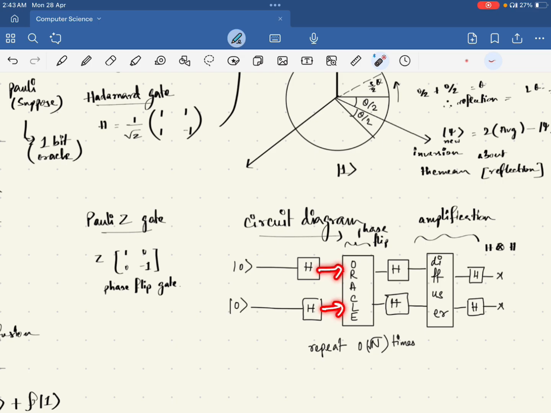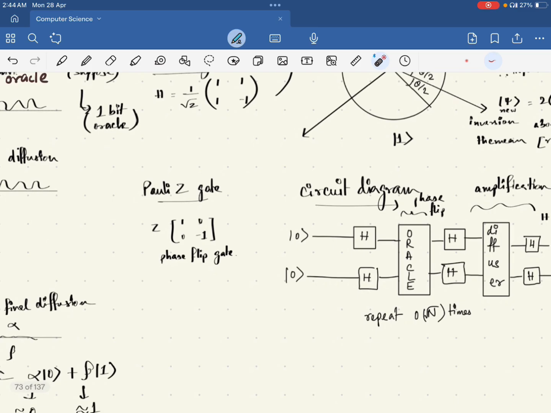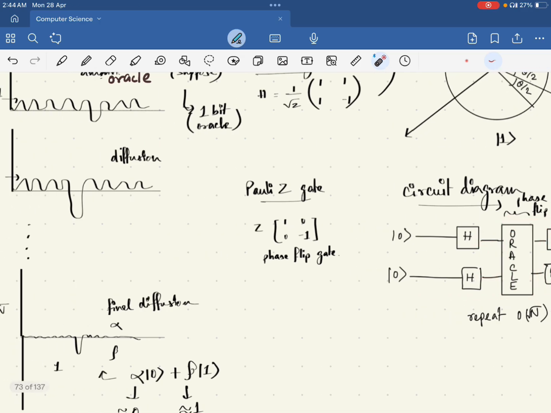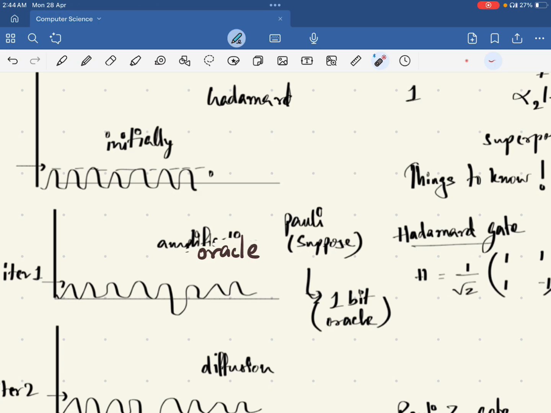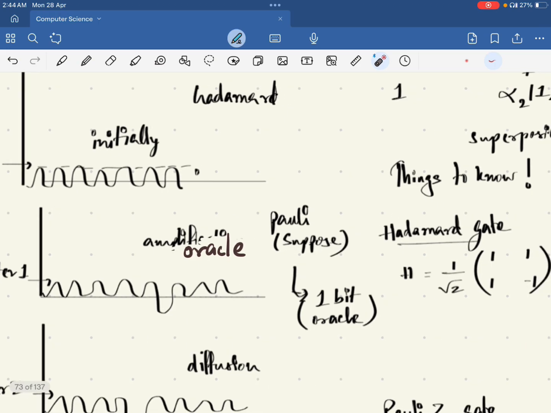So after passing it through the Hadamard gate, we get this uniform graph, after which we pass it through the oracle function. Now, what does this oracle function do? Its purpose in life is to change the phase of the target. Suppose these all are my states. It will invert the phase of the target and keep all others as they are.